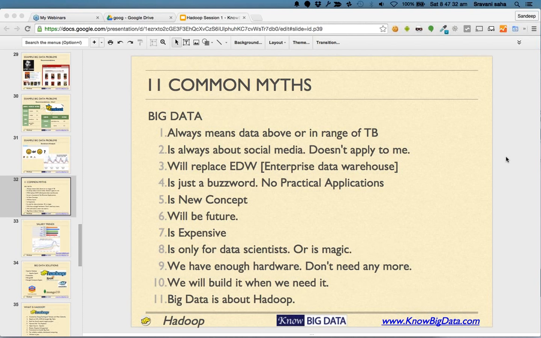Next, it's a new concept. No, as I explained to you, when I worked at D. E. Shaw, we had a 10,000 node cluster. That means these concepts have been there since the 2000s. It's just that the applications are really great in today's time. We have systems which are really powerful and work on distributed computing, and all of them are open source. That is new.